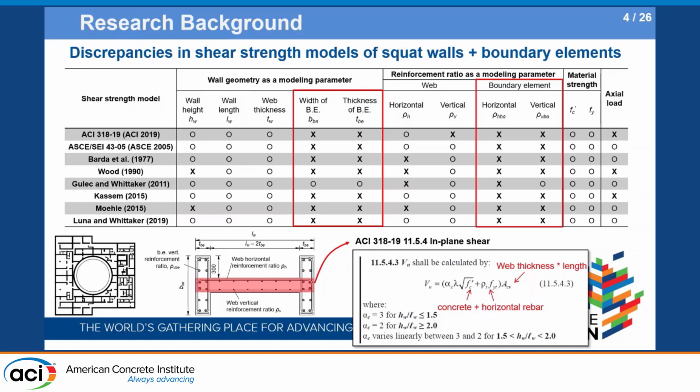Among the 8 equations, the equation proposed by Gulec and Whittaker is the only one that considers the strength contribution of boundary elements. For the flanged wall at the bottom, the ACI design equation for walls considers the concrete and rebars in the web only, and the other equations, except for Gulec and Whittaker, neglect the contribution of boundary elements at the end of walls.